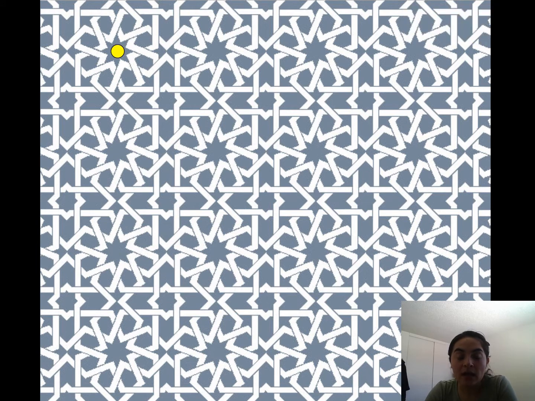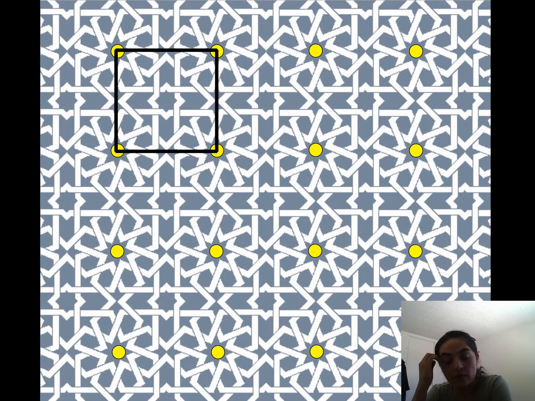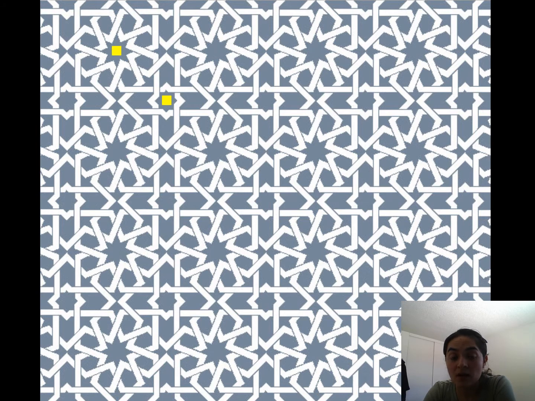We identify a lattice point here at the center, and we see that we have these repeated lattice points. Now, in order to identify the primitive cell, like we said, we would look for the shortest distance of the same motif or element translating in different directions throughout the pattern. We see that this would be the smallest motif, which we would identify as the primitive cell.